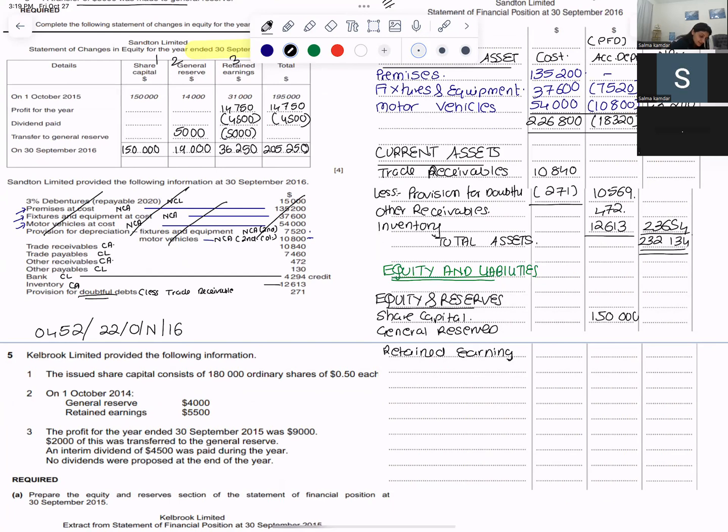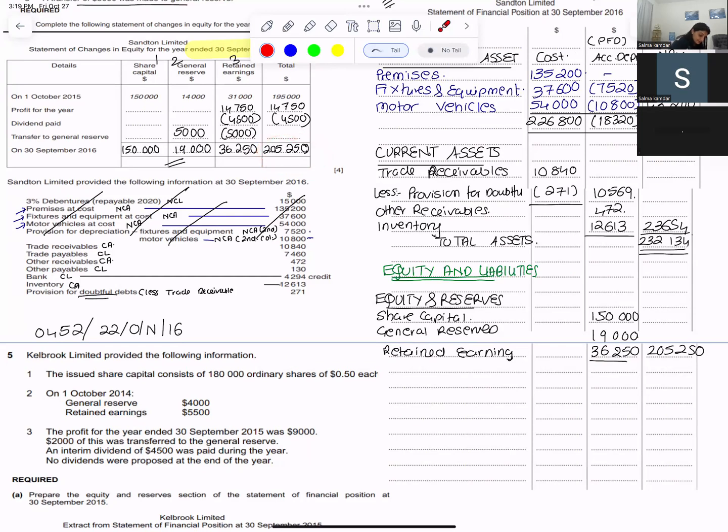General reserves is 19,000. Retained earnings is 36,250. So the total is 205,250, which you've already calculated.